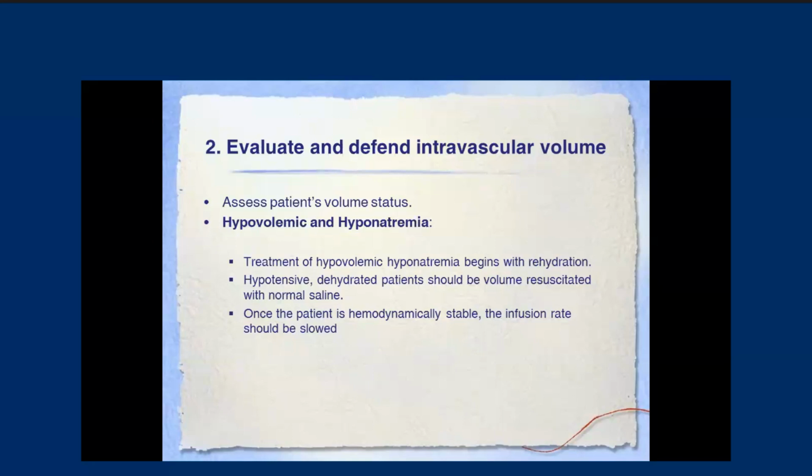The other effect is that when hypovolemia is corrected with the normal saline, that will send negative feedback to the baroreceptors, and there will not be release of the ADH. So there will be subsequent excretion of fluid, and that also results in an increment in the sodium level.